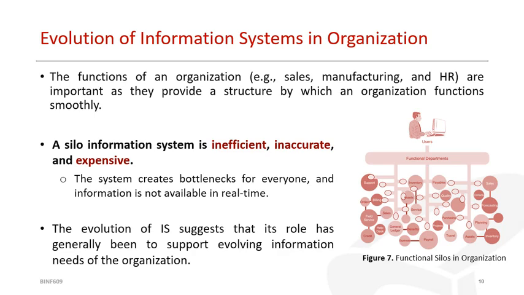Silo systems focus on individual tasks or functions rather than on a process and team. In addition, these systems make it very difficult for organizations to be customer-centric because data cannot be integrated between different functional areas to address customers' needs.